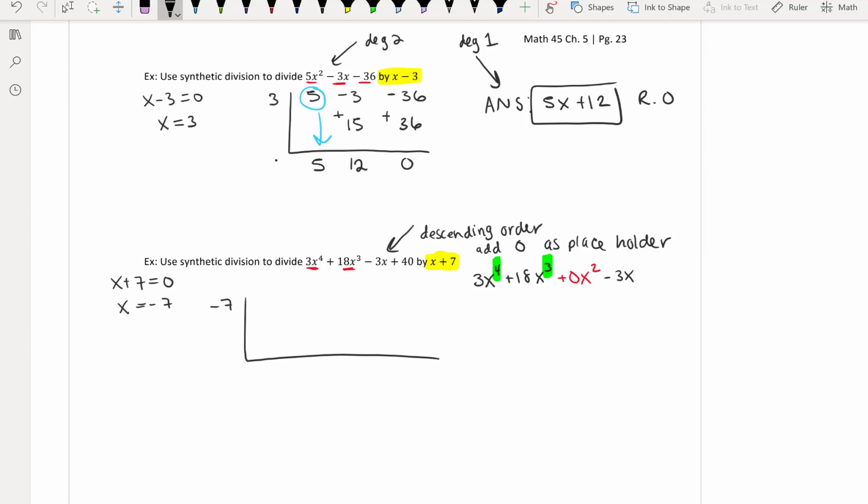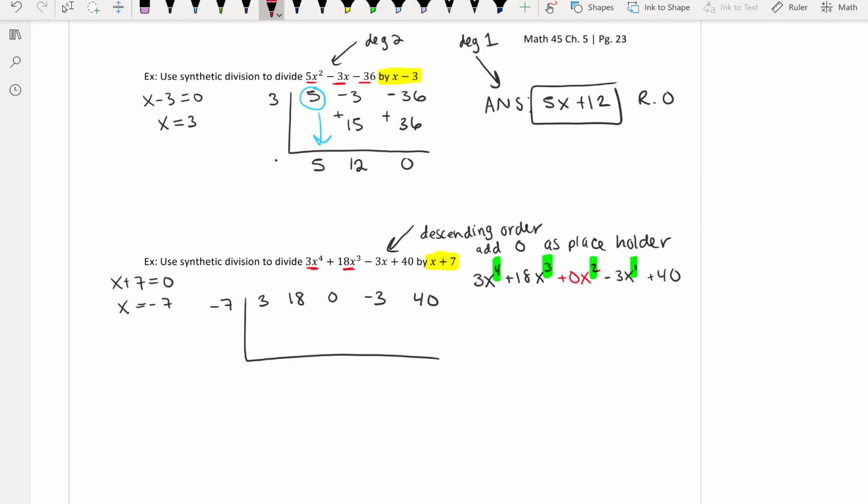And remember, x really has a degree of 1. So I have my degree 2, my degree 1, and then of course I have my constant, which is a positive 40. So now I can see what coefficients I'm going to add here. I'm going to have a 3, an 18, a 0, a negative 3, and a positive 40.